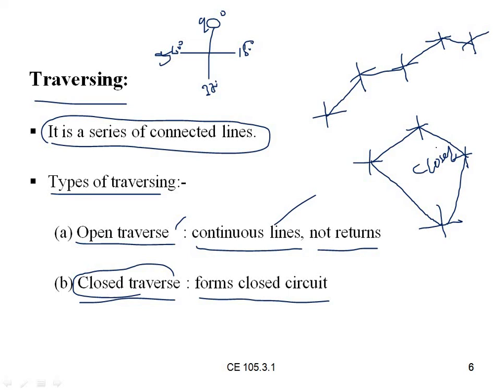Within this we will also be calculating the areas, by bearings of angles we will be calculating the closed traverse area. So traversing is very important, but the definition is that it is a series of connected lines.